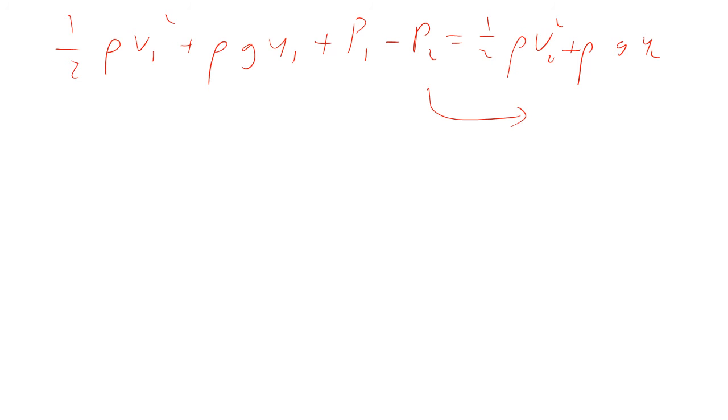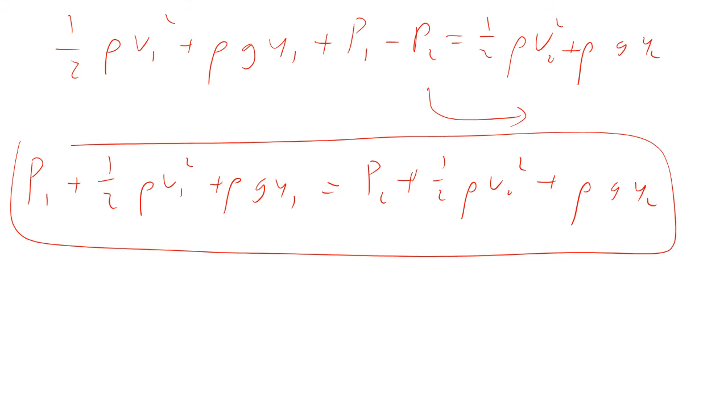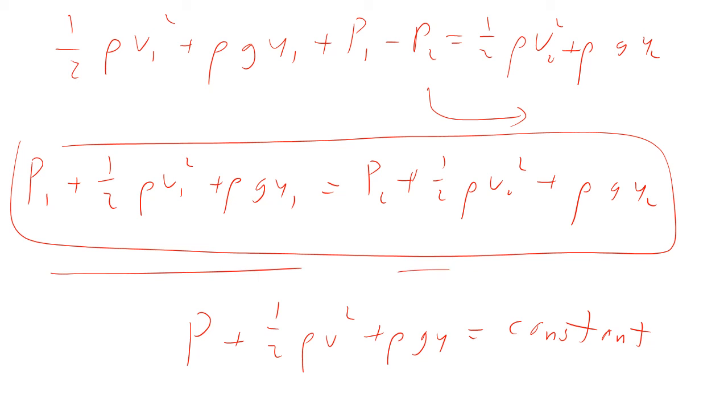Well, if I move that to the other side of the equation, I've got P1 plus 1/2 rho V1 squared plus rho gy1 equals P2 plus 1/2 rho V2 squared plus rho gy2. Basically, what I found is the pressure plus 1/2 rho V squared plus rho gy is a constant. Because this is all ones over here, that's all twos over there. So wherever you are in this pipe, this relationship holds.